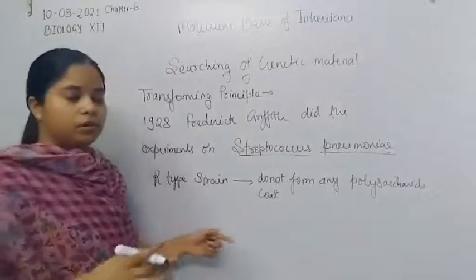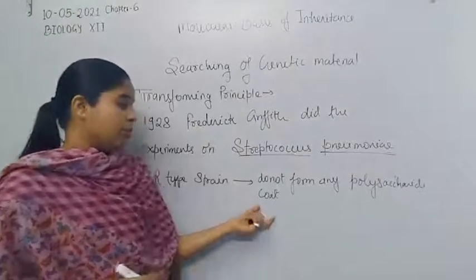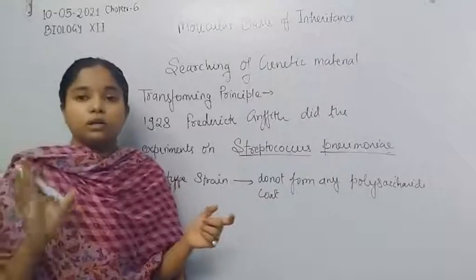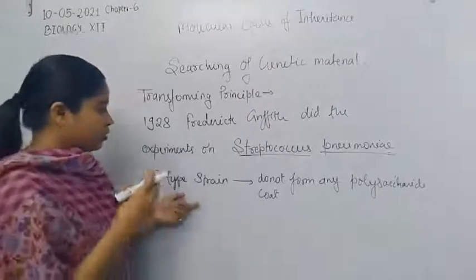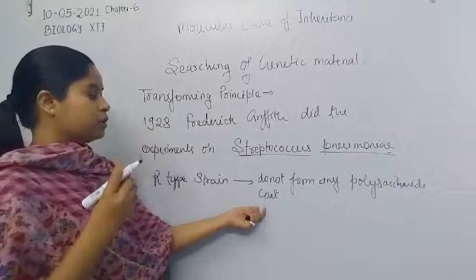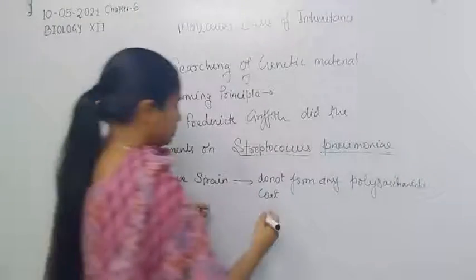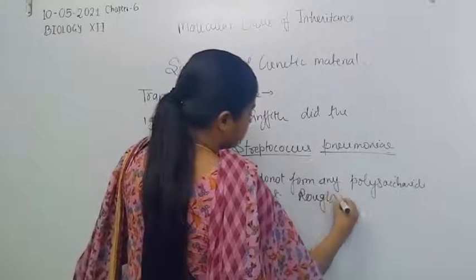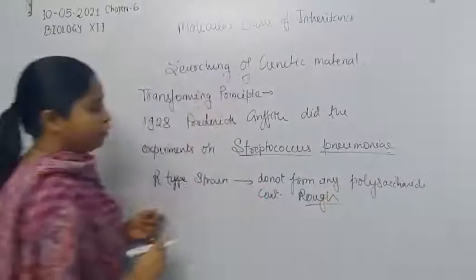over the cell wall. So they have a rough-like appearance on the cell wall, and they look like rough type bacteria.